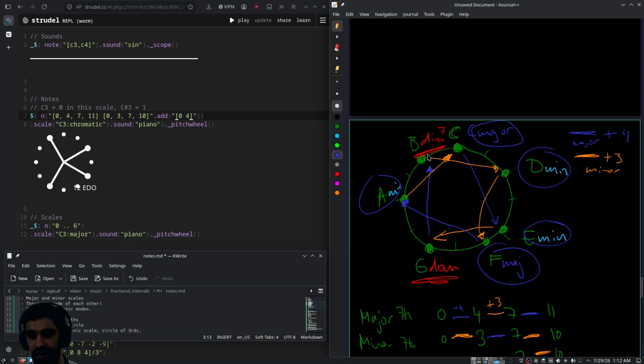So the next step would not be to take the orange, it would be to take the blue one and getting to F sharp. And from F sharp, we would take the minor interval to A. And from A, we're arriving with the minor, so we need to exit with a major.